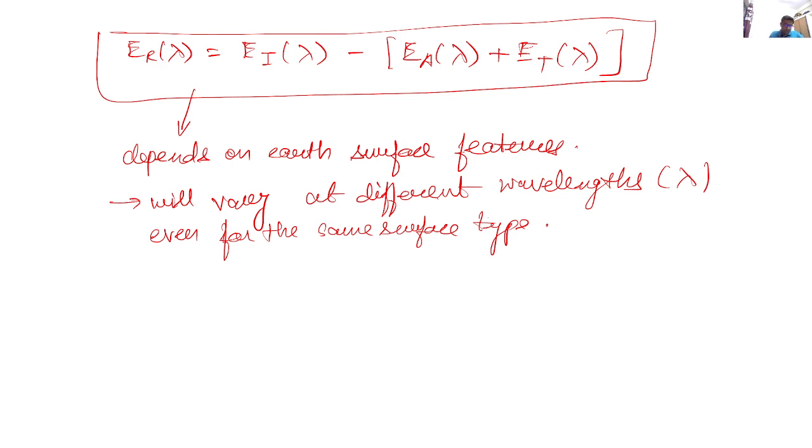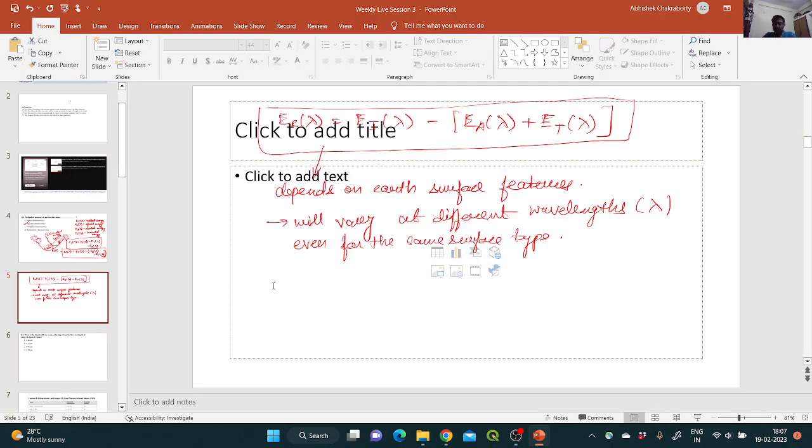So let's take the first such example to understand how the reflectance changes for different surface features. Reflectance would be ER lambda, and reflectance will also be a function of lambda.